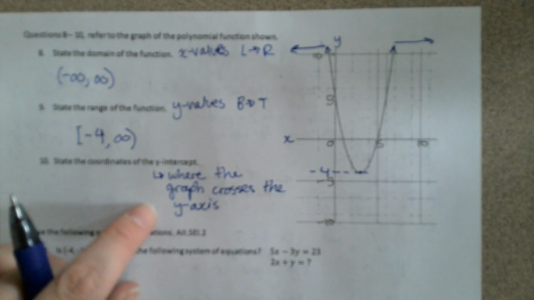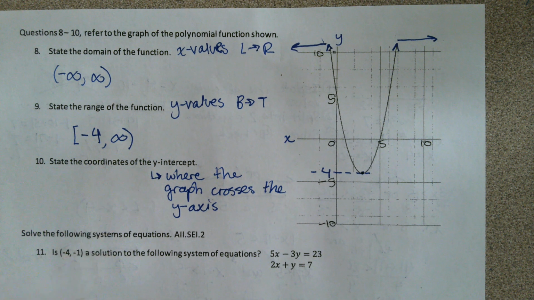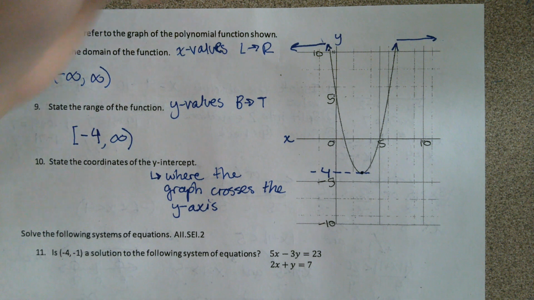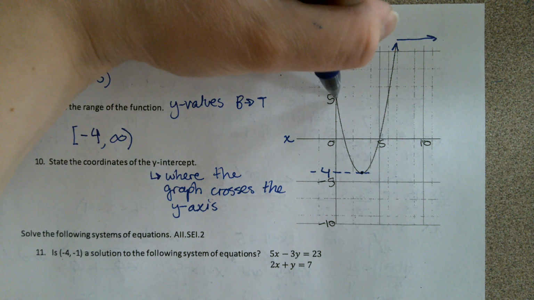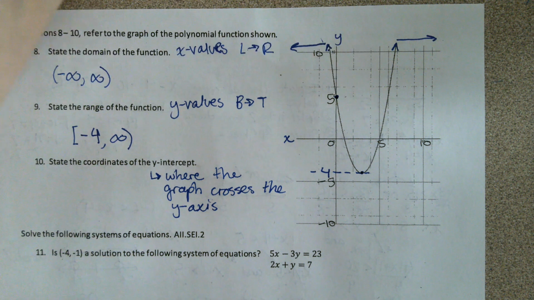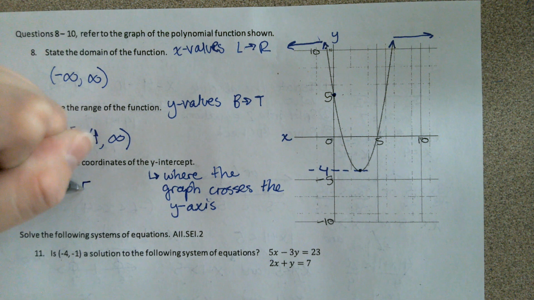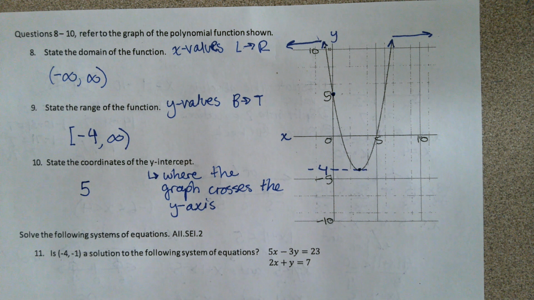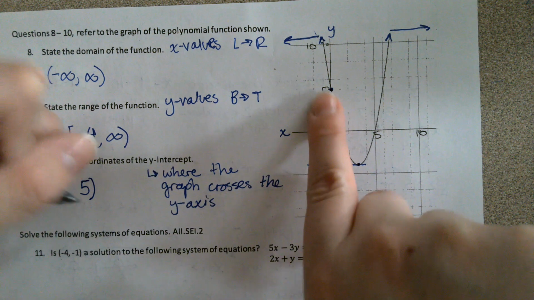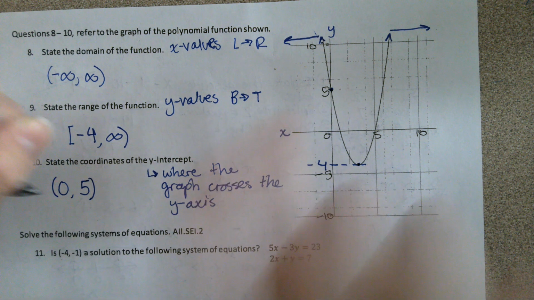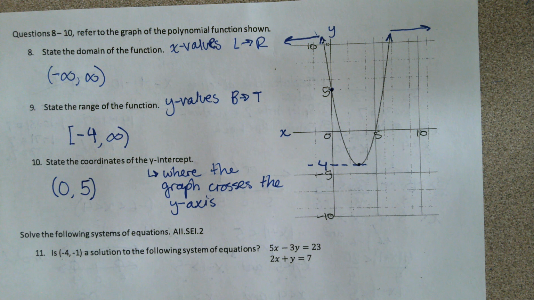If you already don't know this definition, you definitely need to learn it. It's important that you know what this is. So the graph here crosses the y-axis at 5. Now, you can't write 5 as your answer. Your answer has to be a point. So to write this as a point, the y is 5, so x is 0. (0, 5) is the correct answer here.